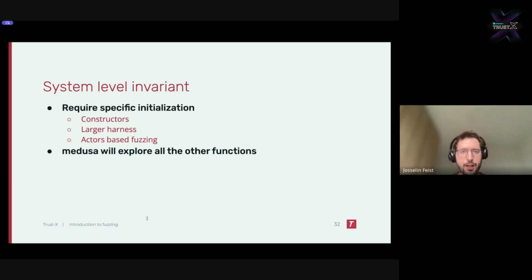We don't recommend starting by writing system level invariants. We do recommend starting with function level invariants just because they are easier and they're going to help you get more familiar with fuzzing and with the code base. Here, the user is going to explore all the other functions as I mentioned. So it's almost a simulation of a full blockchain where you can have multiple contracts, multiple interactions, and so on. So this can be really, really powerful.